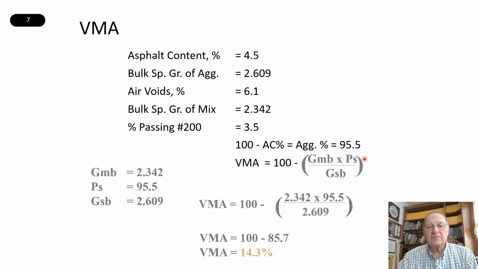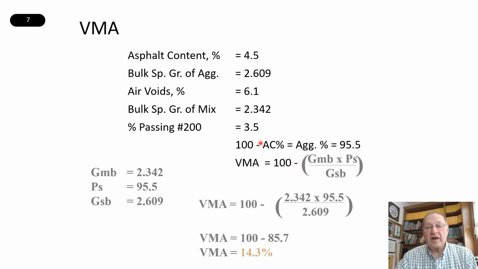Where does percent stone come from? It's not given, but anything that is not asphalt binder is stone. So the percentage of stone, or the percentage of aggregate, is 100 minus the asphalt content. I am given the asphalt content, 4.5%.